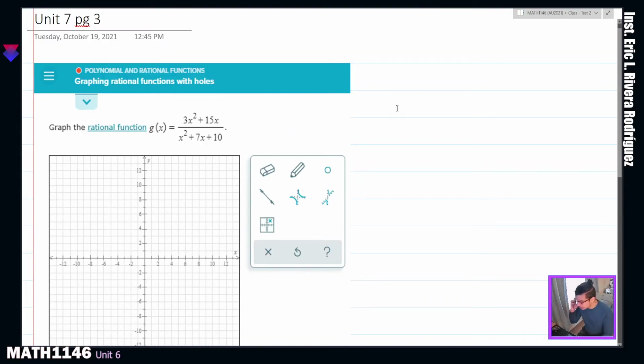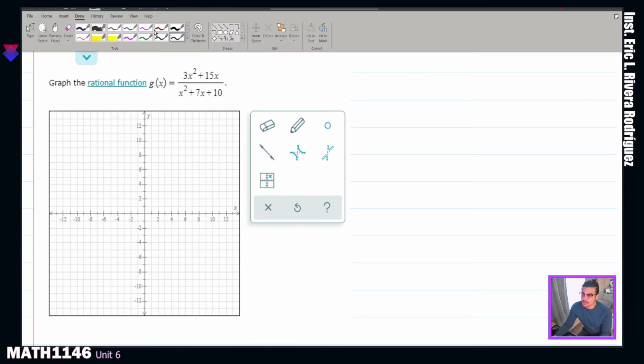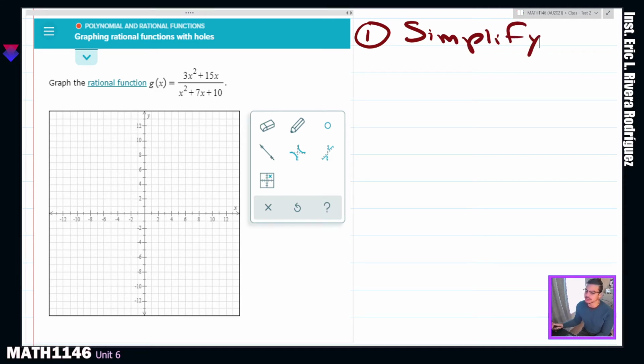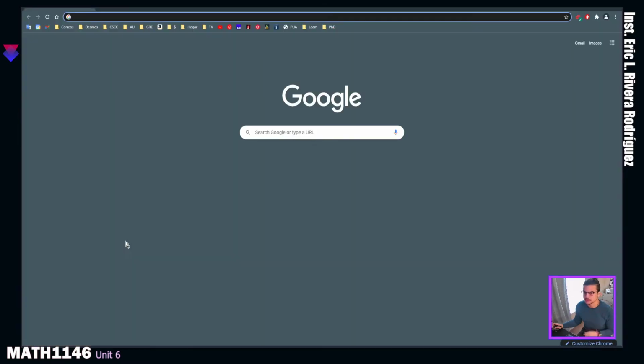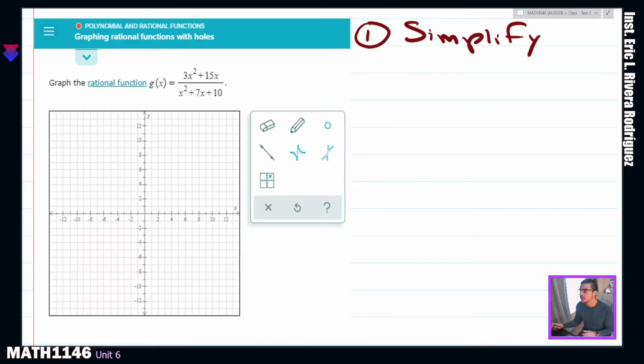So the steps that we are going to take to draw the graph of this rational function that we have here, I'm going to add one more step, one pre-step. It will be to try to simplify.